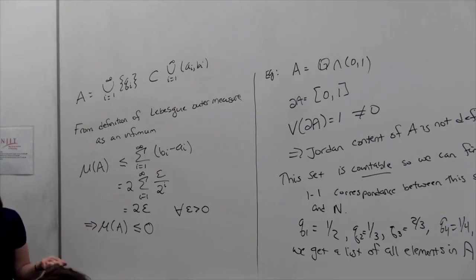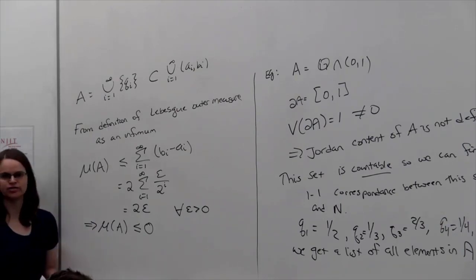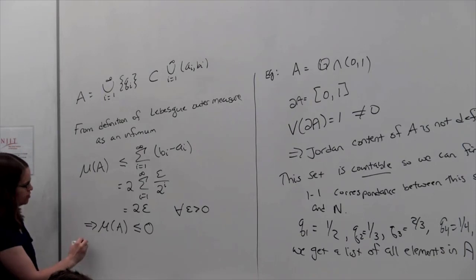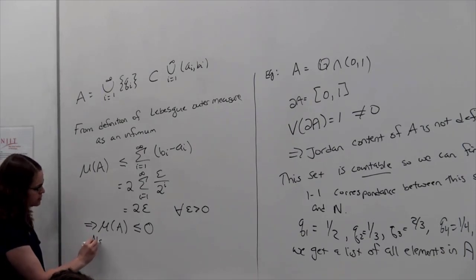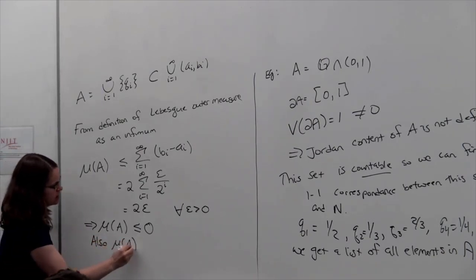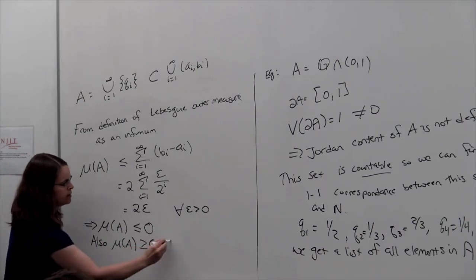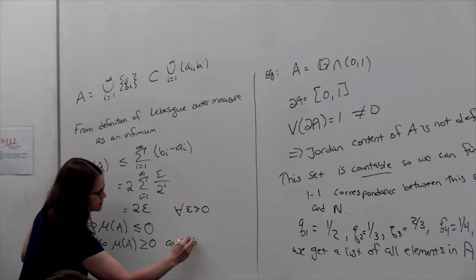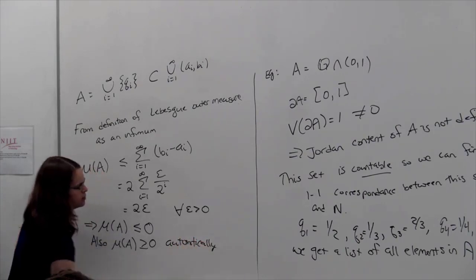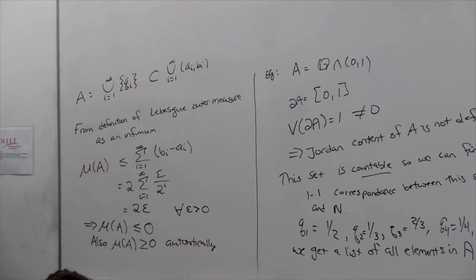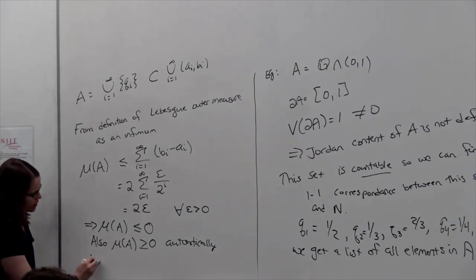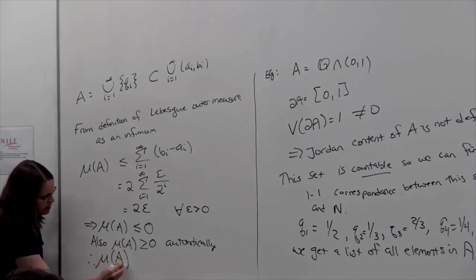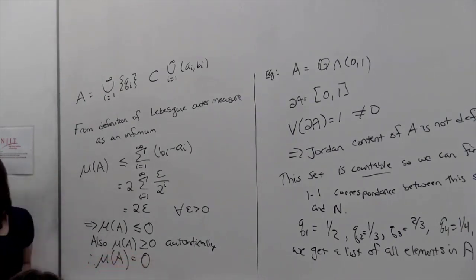But also it's at least 0, because we required it to be non-negative. So we can say this set has Lebesgue outer measure equal to 0.